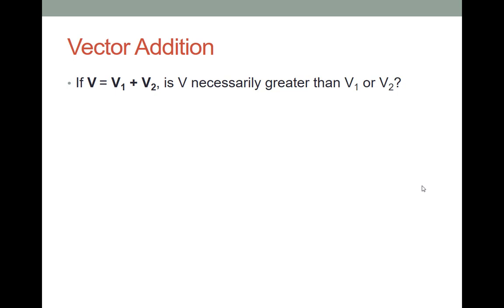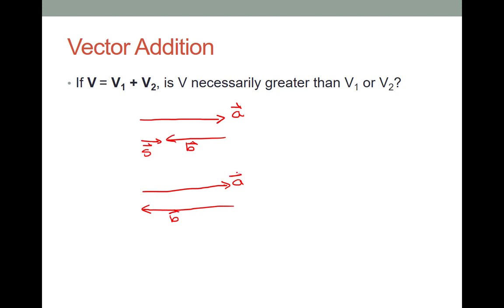And hopefully you're thinking no, and you're remembering the example we just did where we had A going this way and B going that way, and the sum was this little itty bitty thing. In fact, if I made A and B equal in length but opposite in direction, my sum would be 0. So the magnitude of v does not have to be greater than the magnitude of either v1 or v2.